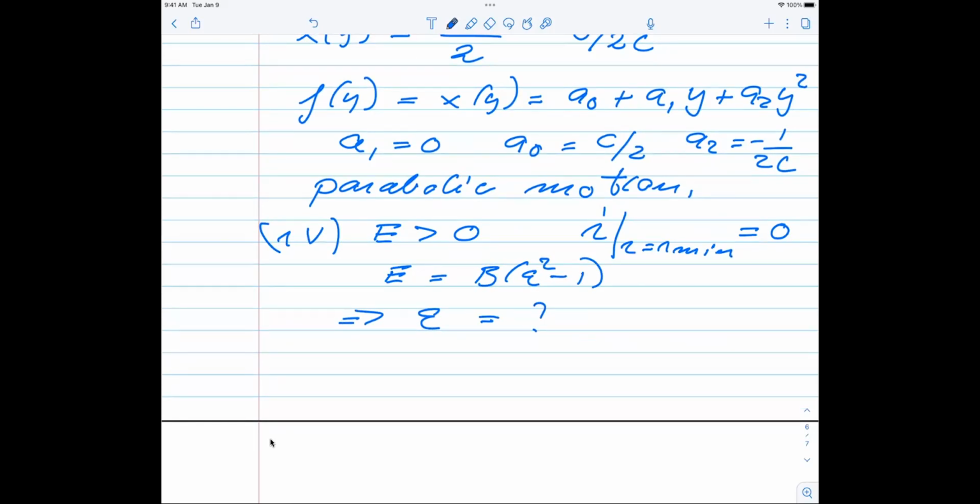So B is a positive constant. So which value does epsilon take here? Yeah, that's greater than 1. So when the energy is larger than 0, this is a case which leads to epsilon larger than 1. So in this case here, epsilon has to be larger than 1.